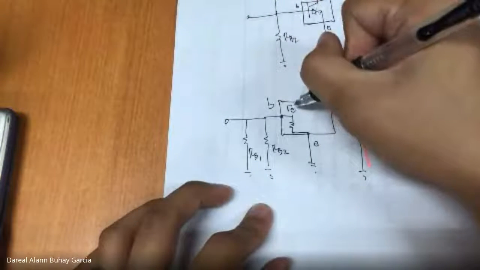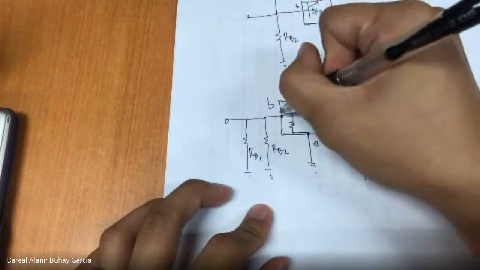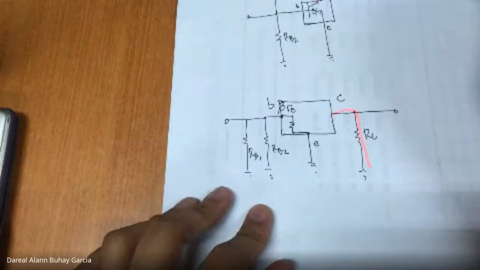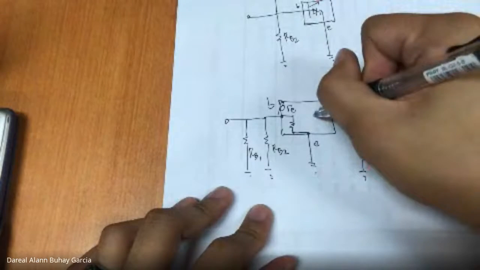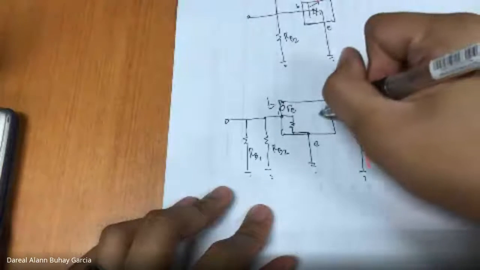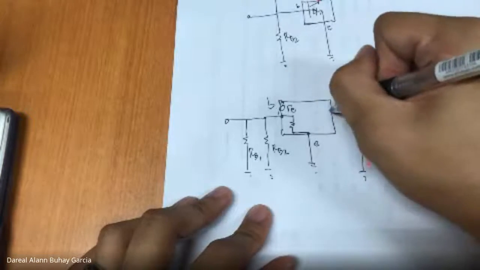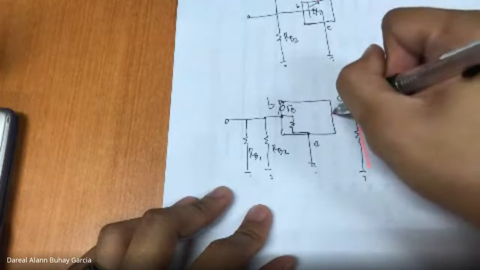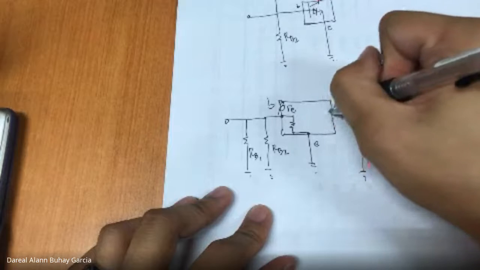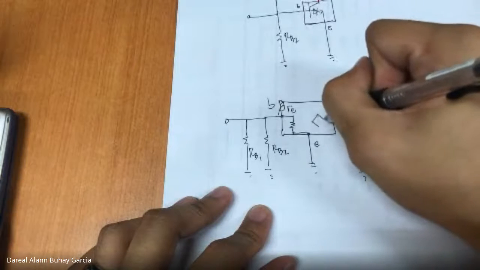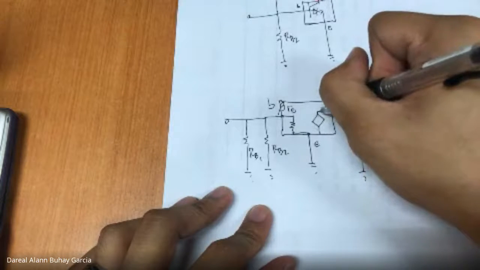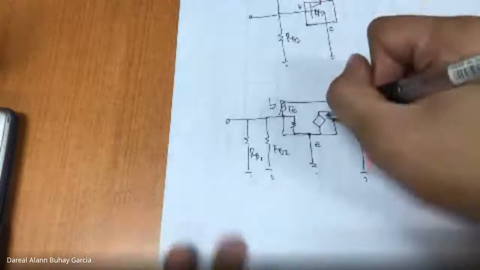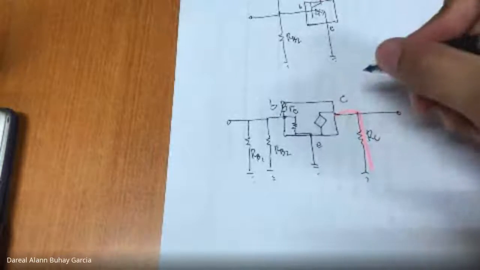So this RE then is multiplied by the transistor gain beta. So beta RE. And collector emitter. The collector emitter nga terminal will be modeled by a current source, no? A dependent current source.